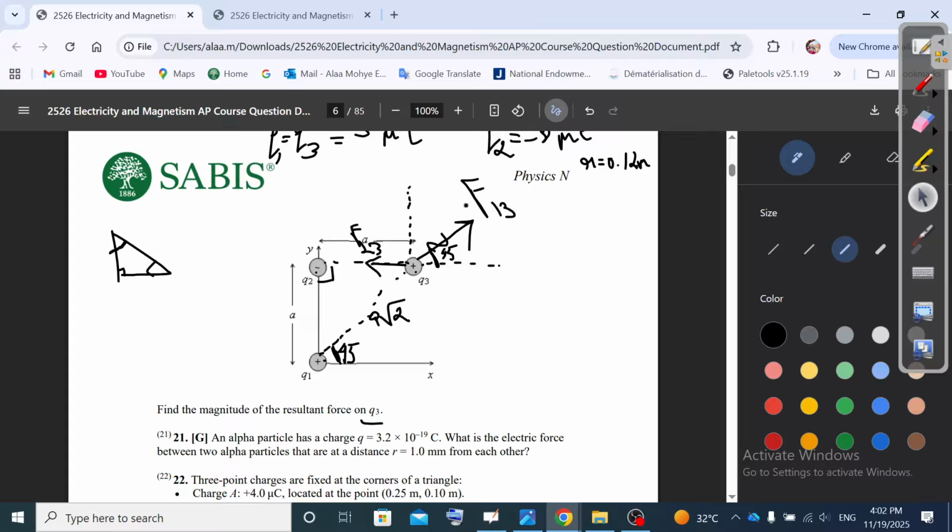So obviously this F13, resolve it. It's going to be F13 cosine 45. And then here F13 sine 45. So basically, we need to find the resultant of these three forces.